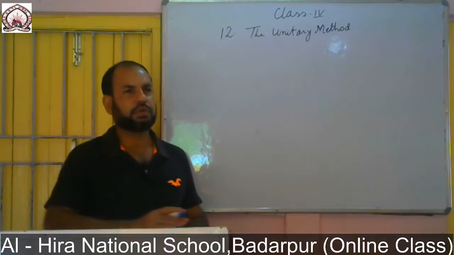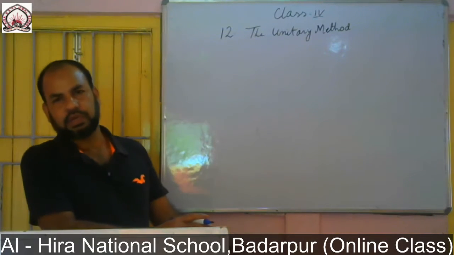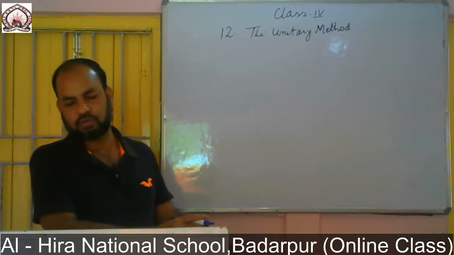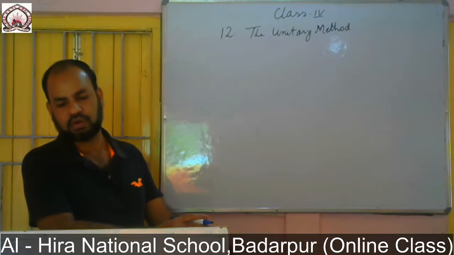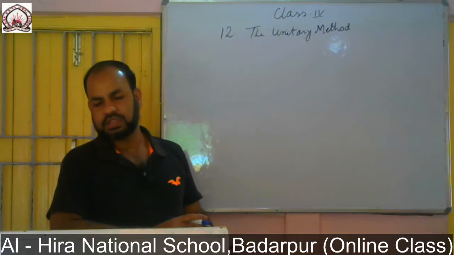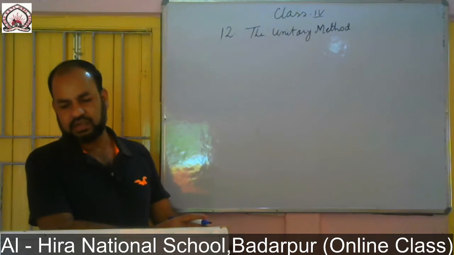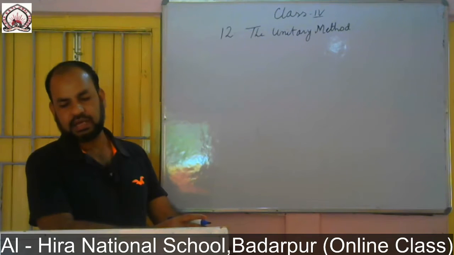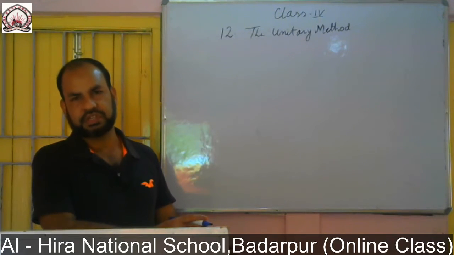So what is unitary method? The unitary method is a process of finding the value of a single unit, and based on this value we can find the value of the required number of units.